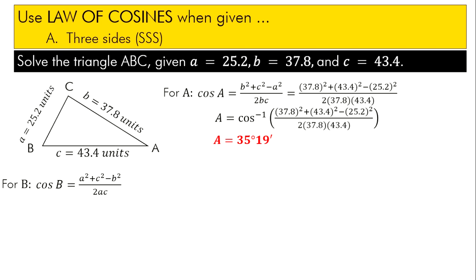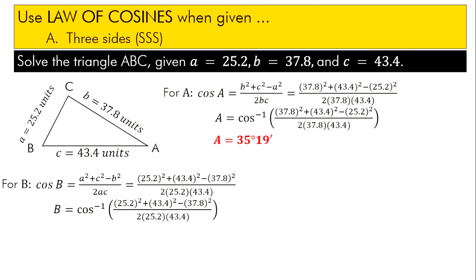Substituting the given sides, 25.2 squared plus 43.4 squared minus 37.8 squared all over 2 times 25.2 times 43.4. Since we are after angle B, again take the inverse. Calculate that, and the result for angle B is 60 degrees, 7 minutes.